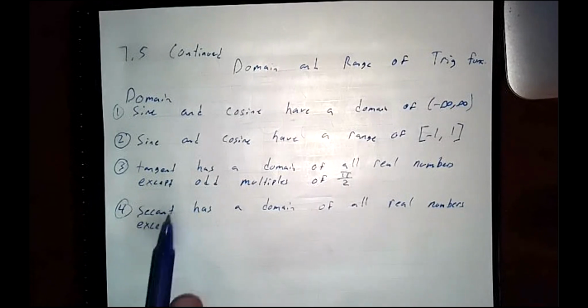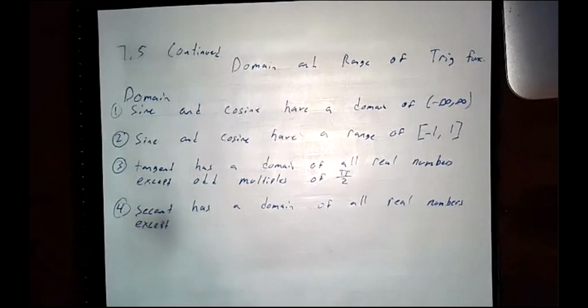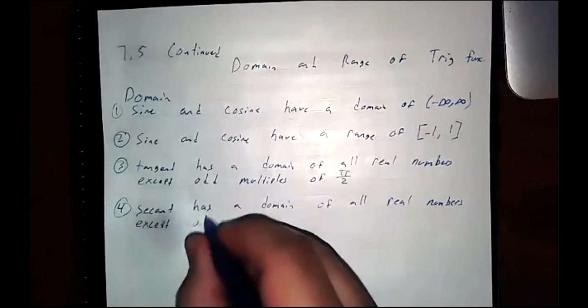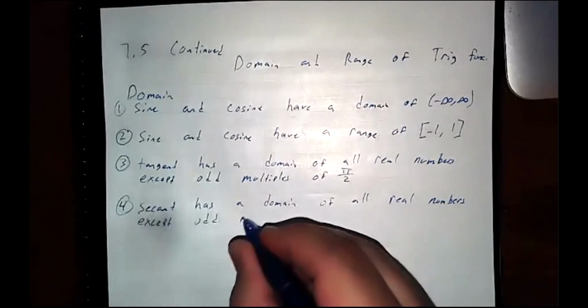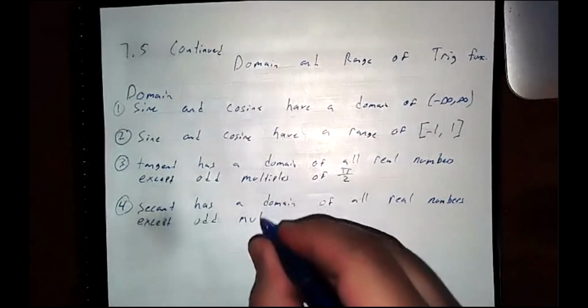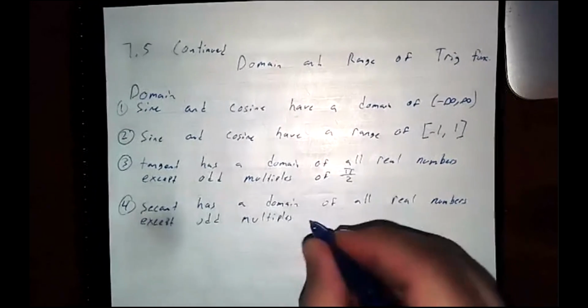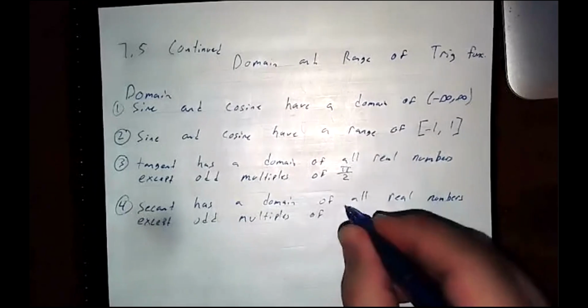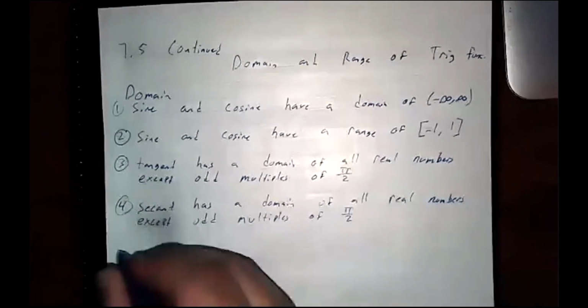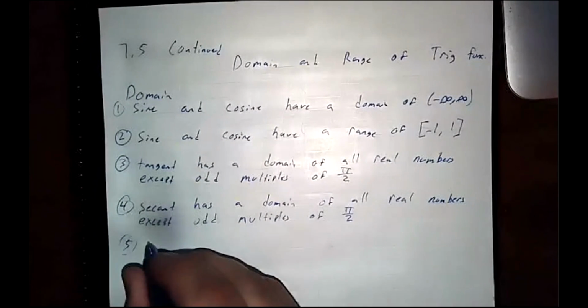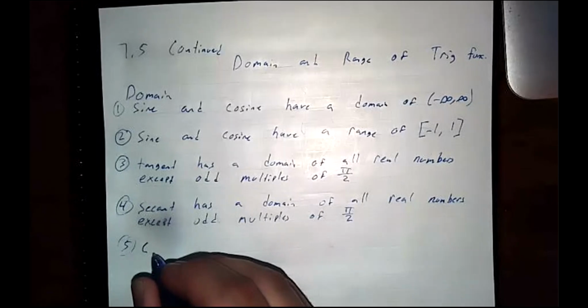So the problem would occur when you have pi over 2. So it was right. Odd multiples of pi over 2. I was thinking of cosecant, the next one. Cosecant. Okay.